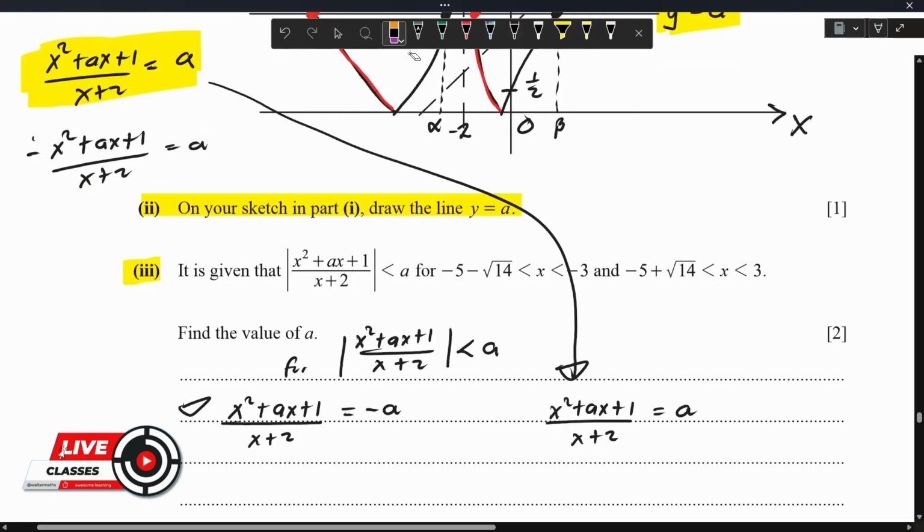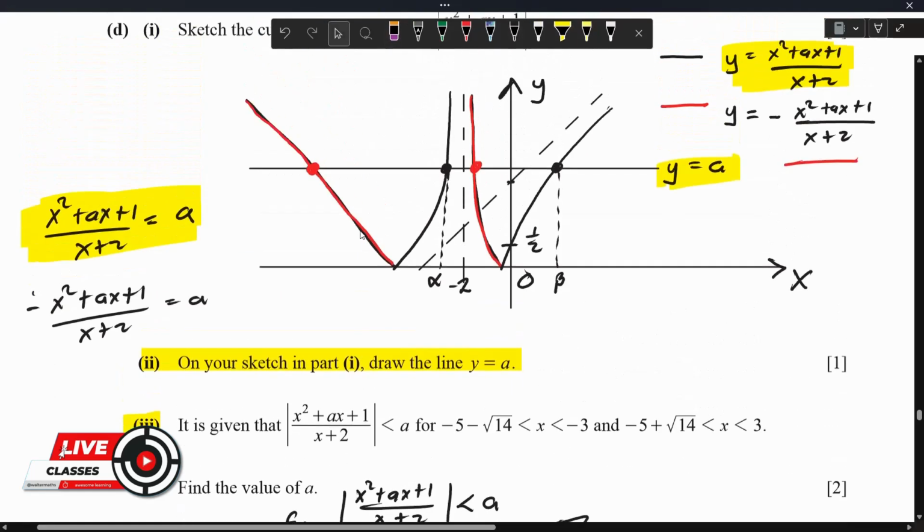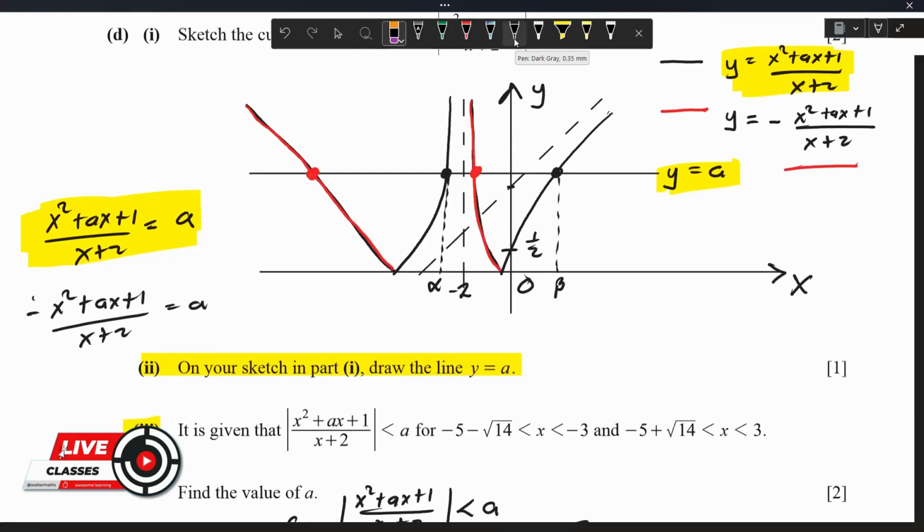And the other points of intersection are this one here, which we can call gamma, and this one will be, what other Greek letter? Delta.